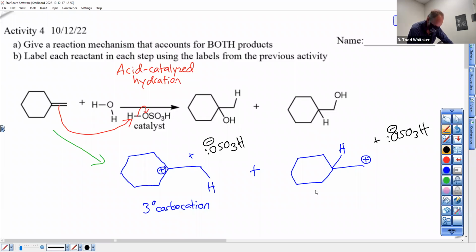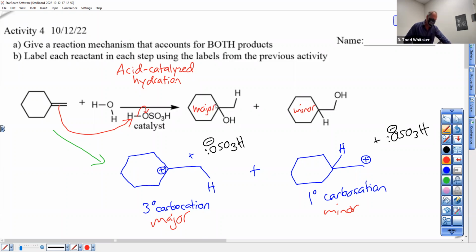And this one's our primary carbocation. As a result, minor yields minor, major yields major, but we don't know how we're going to yield major.